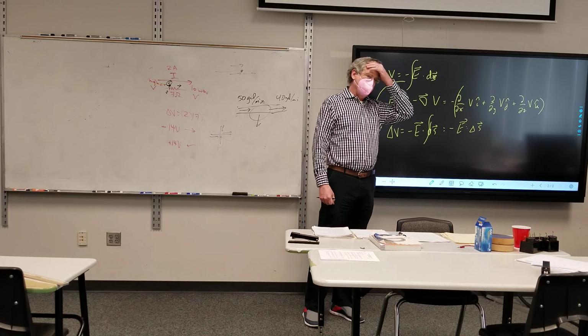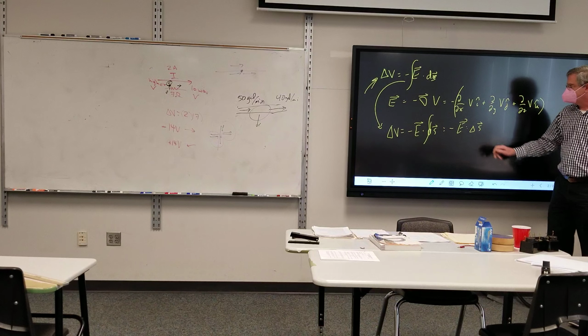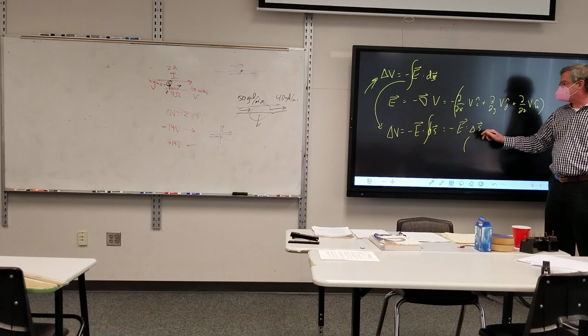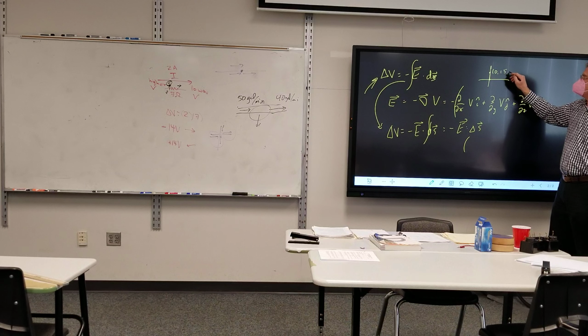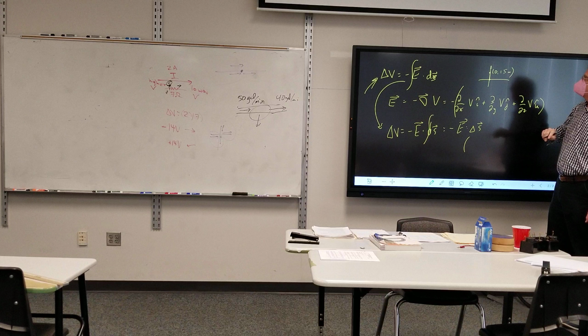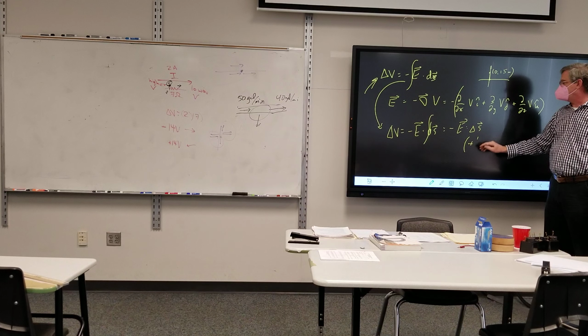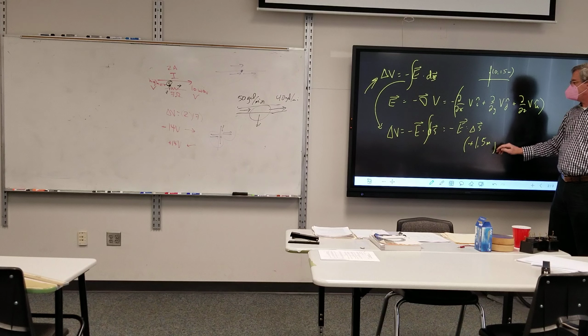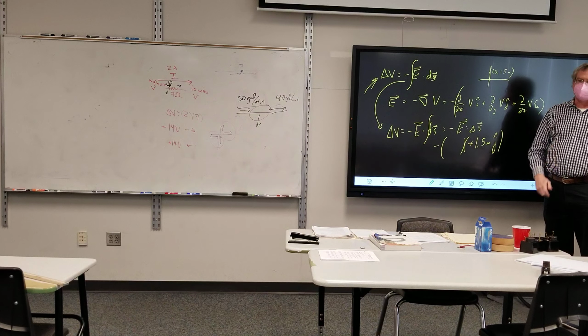So we have the change in position and we have E. Because you're going from the origin up to 1.5 meters, it's plus 1.5 meters j hat times the electric field that's given.